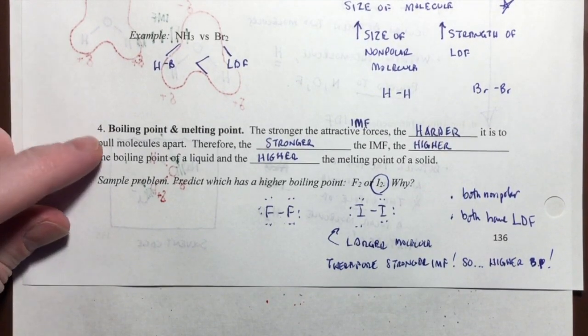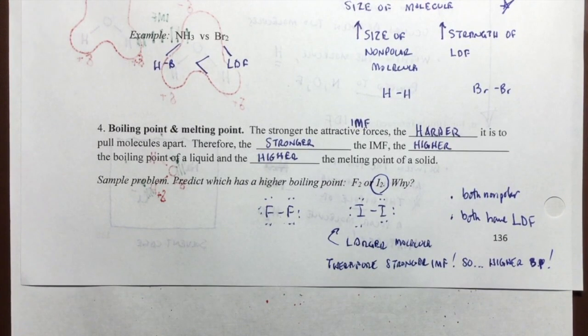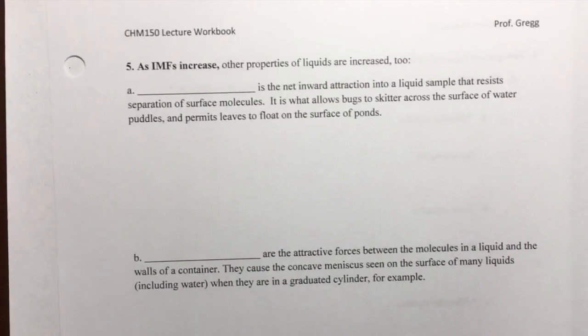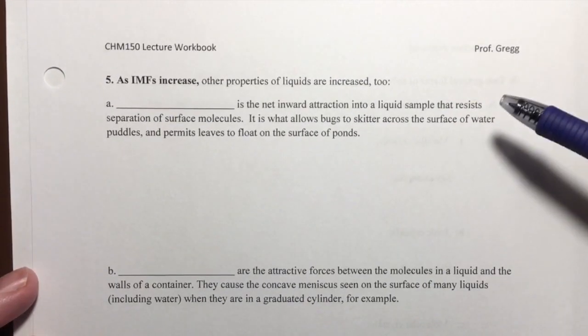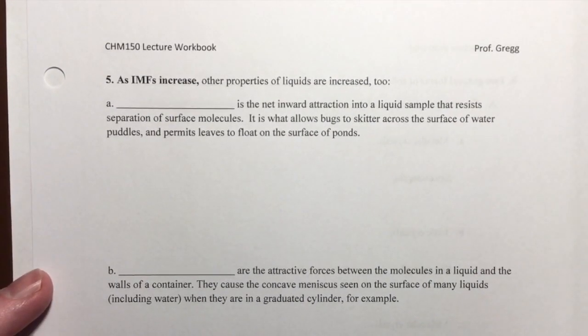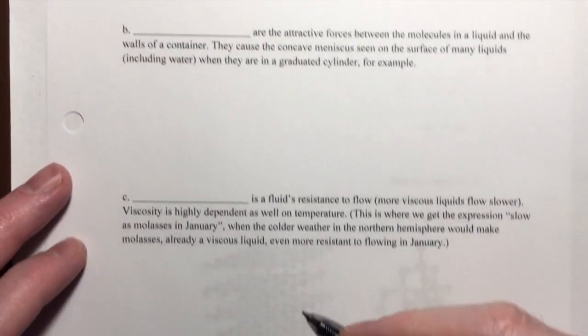Okay, in addition to boiling point and melting point, there are several other properties of chemical substances that are dependent upon intermolecular force strength. And so we're going to move on here, next page. This page lists 3 of them, and I'm going to add a 4th one. So let's put that one down here.